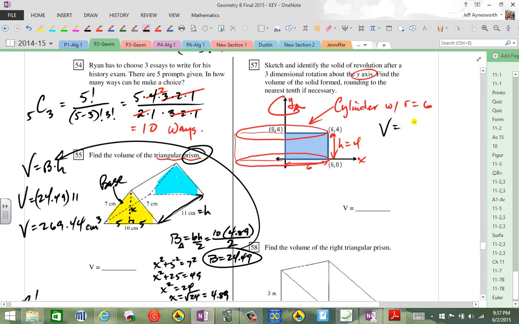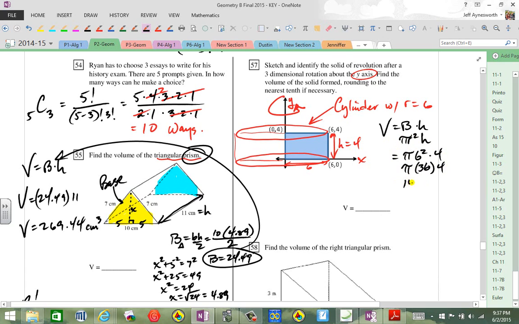All right, so what's going on? Well, we got to get the volume, right? It's base area times height for any prism or any cylinder. Now the base is a circle, so it's pi times radius squared times the height. That is equal to pi times 6 squared times the height of 4. That's pi times 36 times 4. That's 120 and 24, 144.